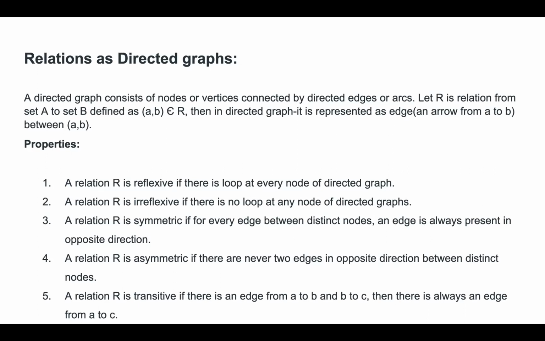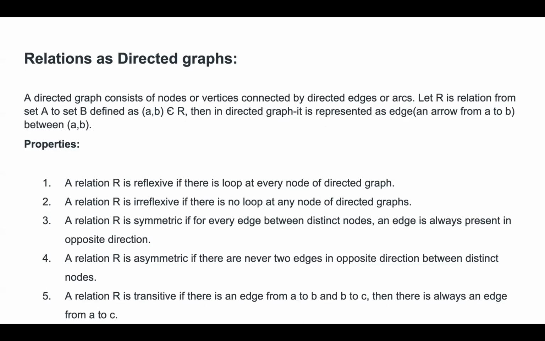The nodes or vertices are given, and considering the relation, they are given there. Here we can see from set A to B defined as (a, b) belongs to R. Then in directed graph, it is represented as an edge between A and B. If connection is there between A and B, then there we have to represent it with the help of an edge.